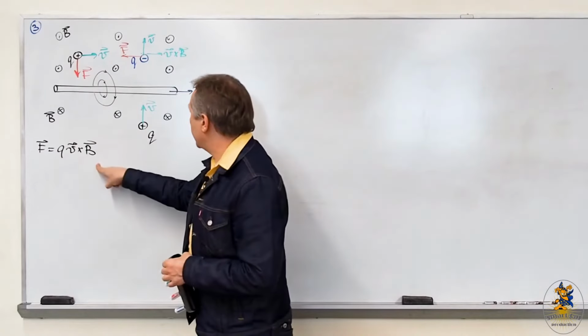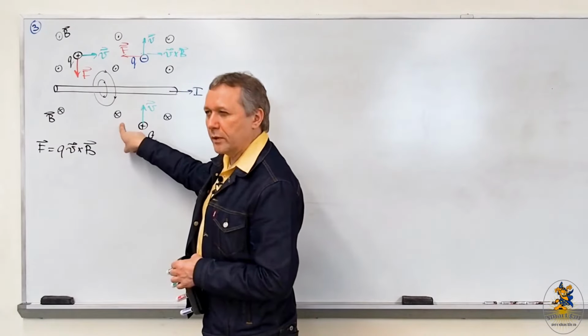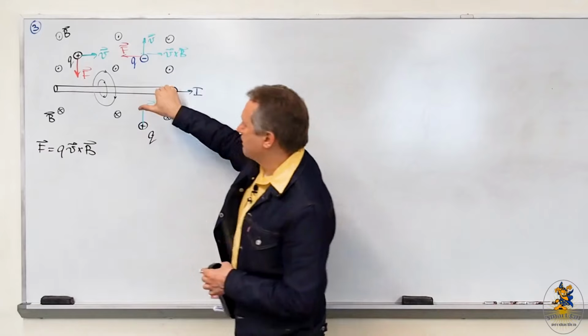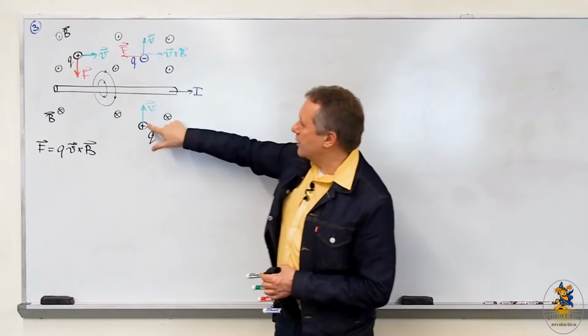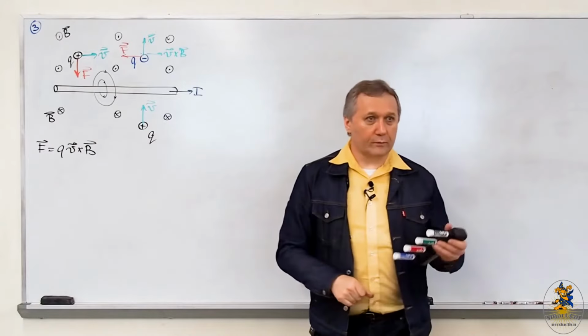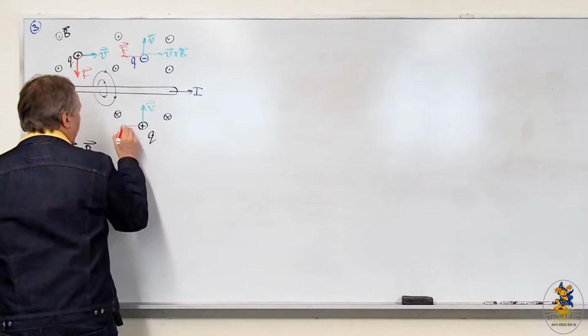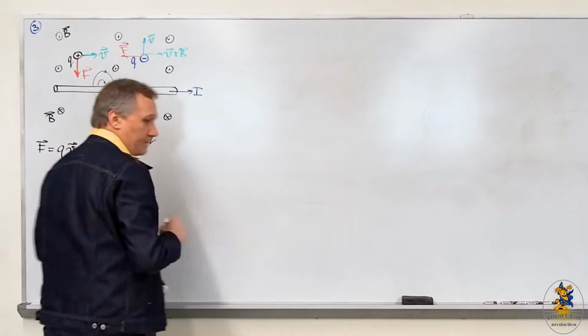So again, V cross B. B is cross, it's into the board. So V cross B that way, and since the charge is positive, that is the correct direction for the force. So this will be the direction of the magnetic force.